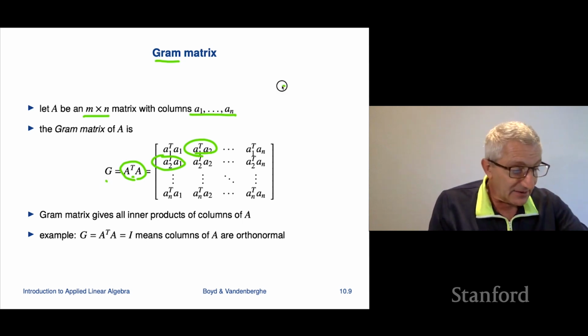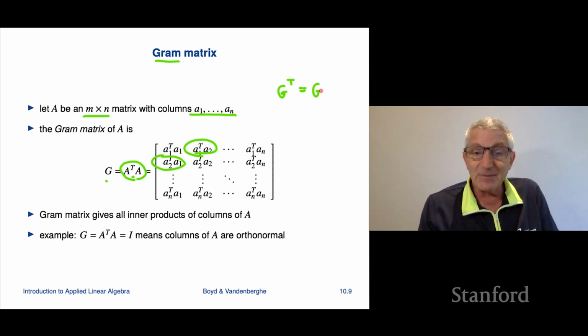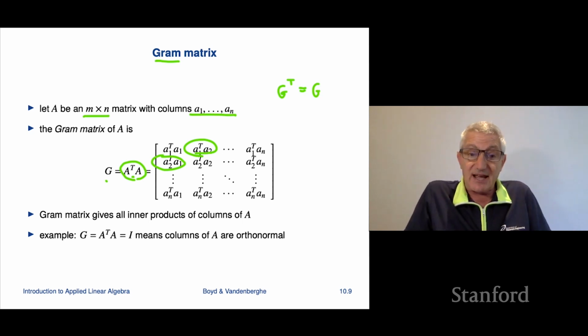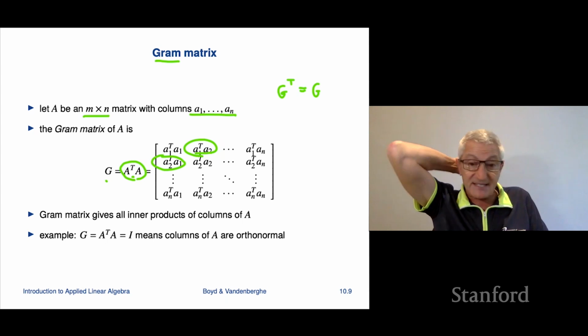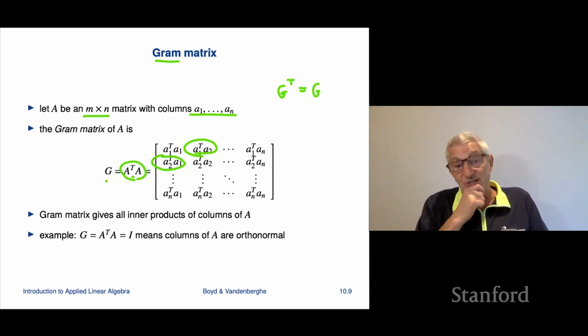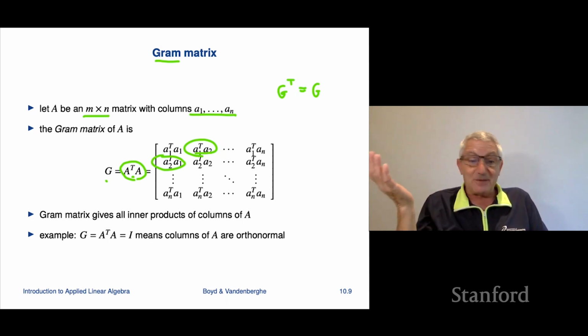Which means that if you transpose it, you get back the same matrix. It means that its ij entry and its ji entry are the same. Okay, so anyway, this is the Gram matrix. It's super useful. We can also use matrix arguments to show that G is symmetric.